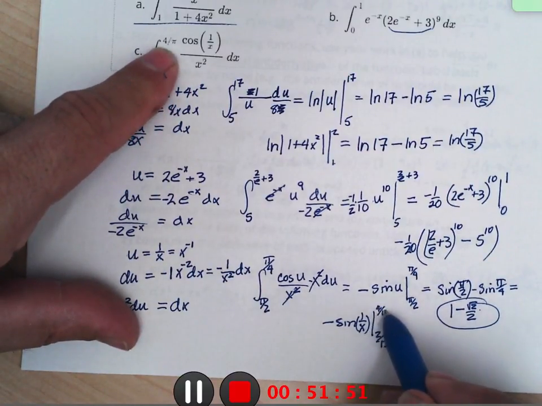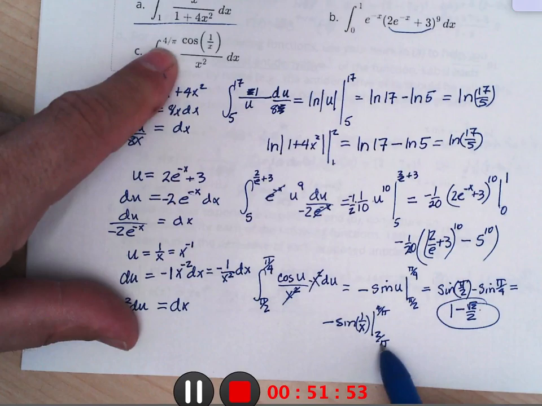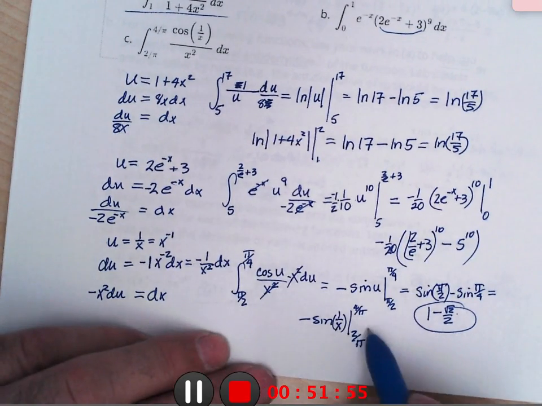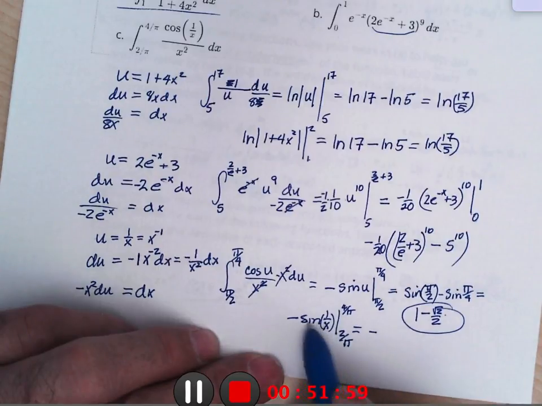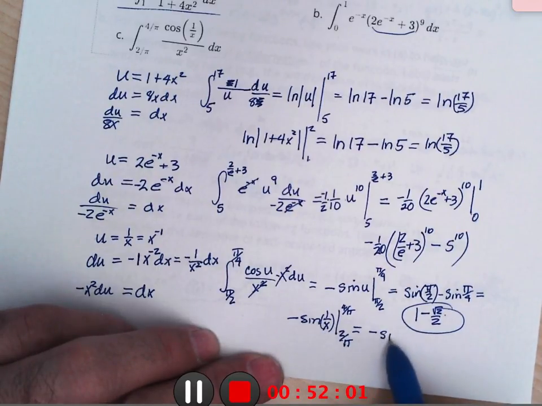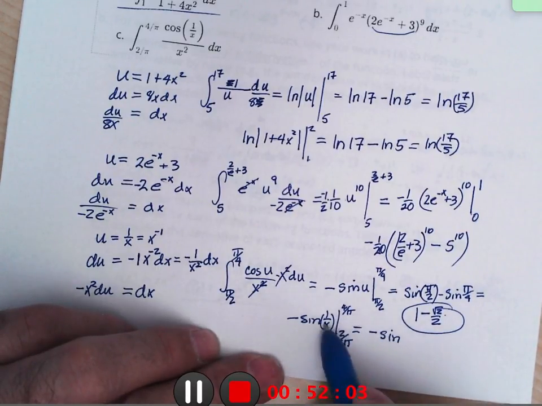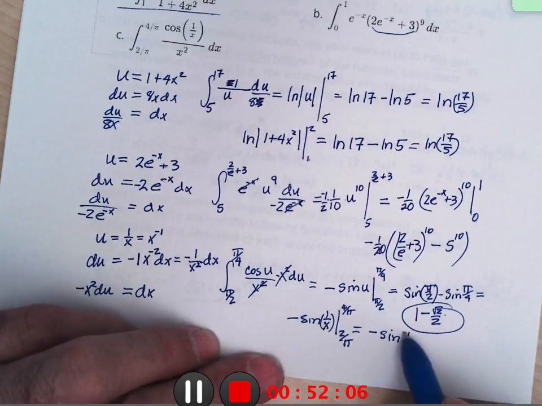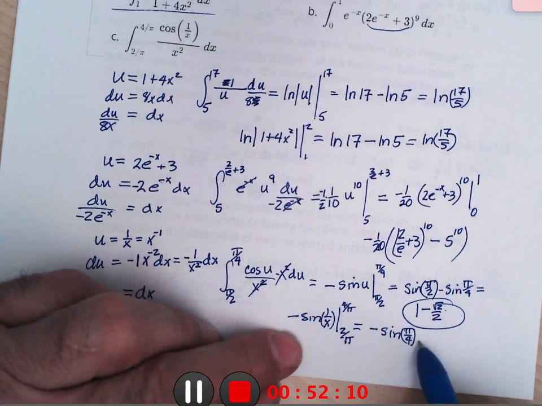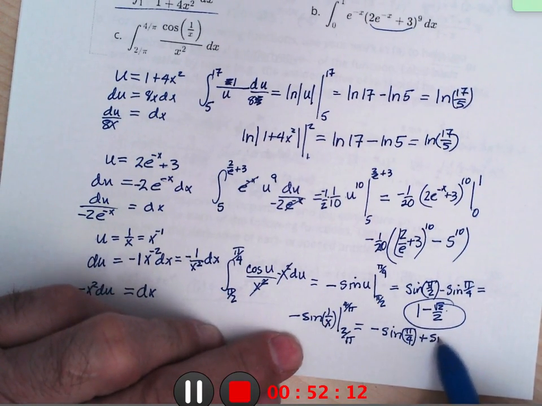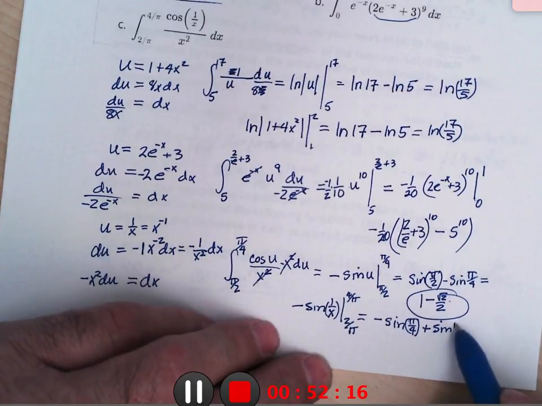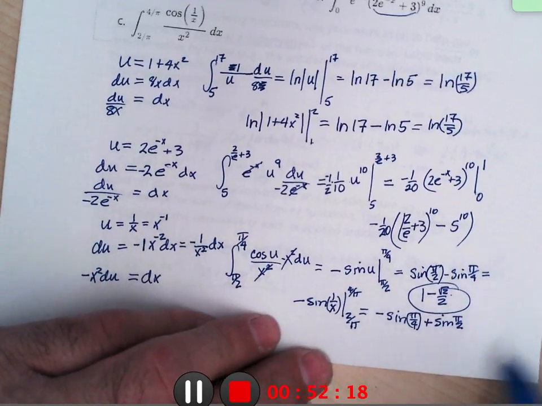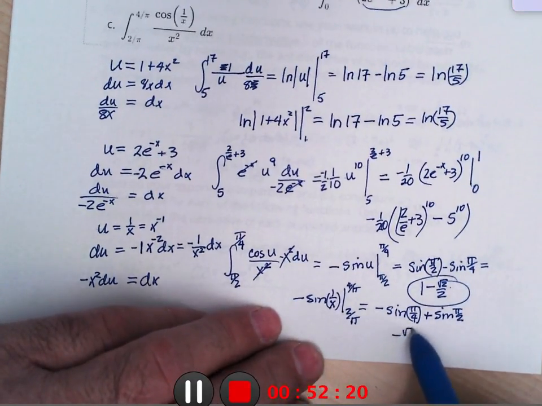Now that's bigger than that in this form, and so we would get minus sine of the reciprocal of that, which is pi over 4, minus a minus, which is plus the sine of the reciprocal of that, which is pi over 2, and we'd get minus square root of 2 over 2 plus 1.